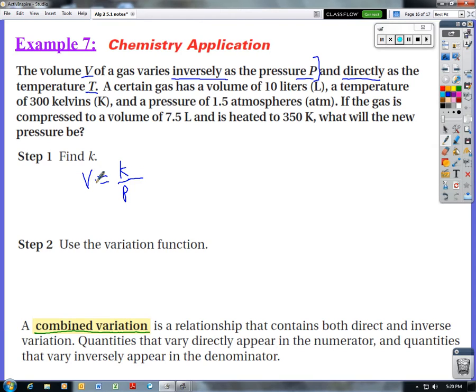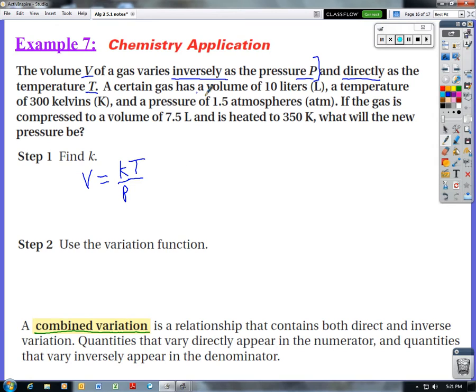We've got V equals K over P, but we're just going to multiply this K by a T. So this is an example of combined variation.